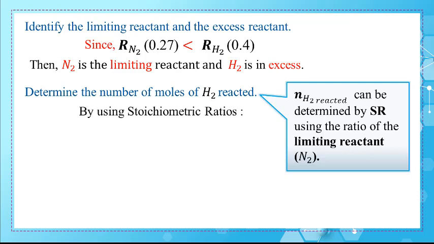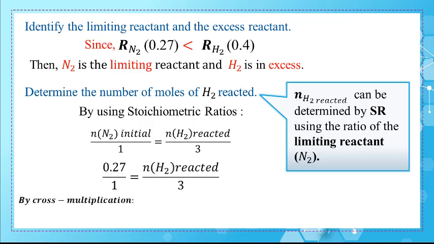By using stoichiometric ratios, the number of moles of N2 initial over 1 equals number of moles of H2 reacted over 3. By cross multiplication, the number of moles of H2 reacted equals 0.27 times 3 equals 0.81 moles.